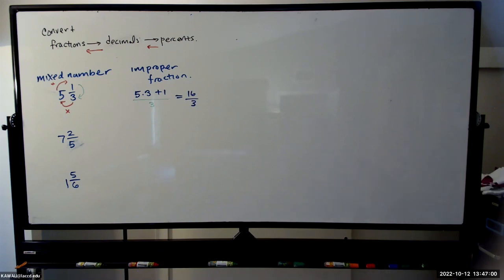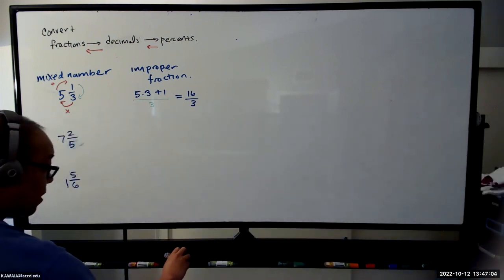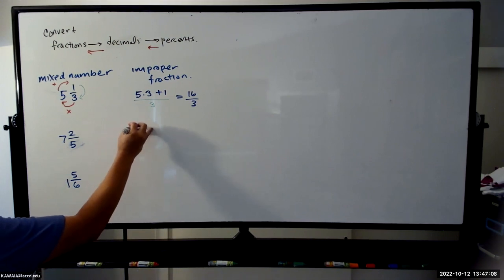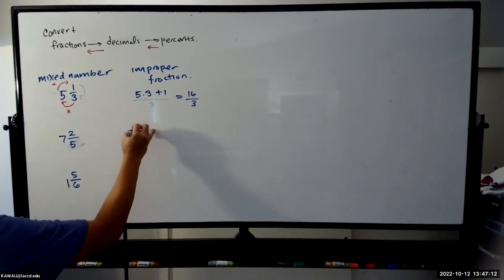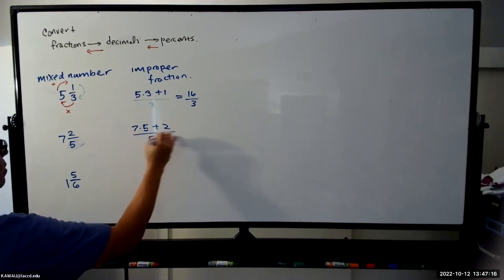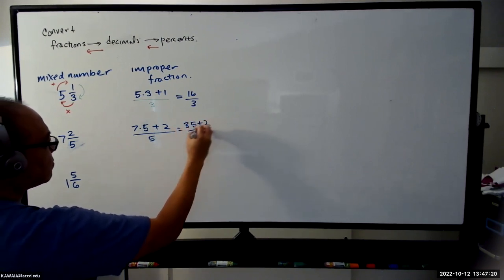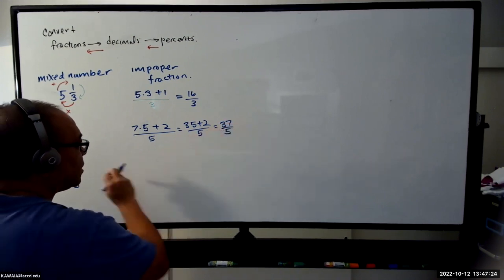Okay. So let's give it a shot. This one over here is 7 times 5 plus 2, same denominator. So 35 plus 2. Okay, now try doing this one.